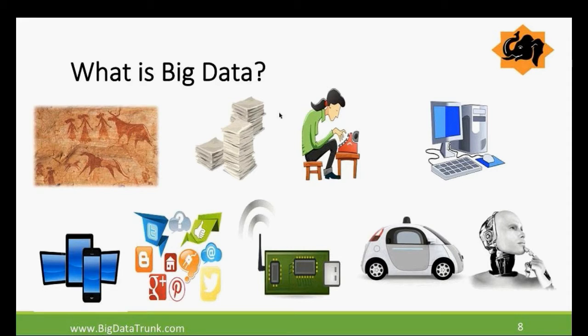We are at the brink of a big change in our whole technological space, and we have started to see some of it already. We already hear about Google's driverless cars, and this revolution is not going to happen without big data supporting it. Artificial intelligence and all the changes which are happening need big data. So that's the correlation between big data and a lot of this technological advancement.